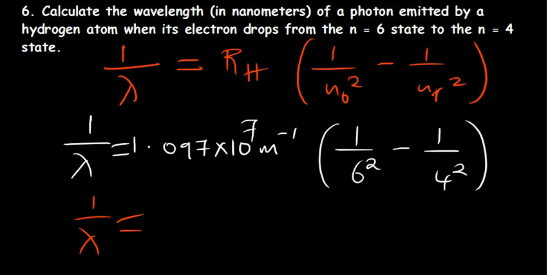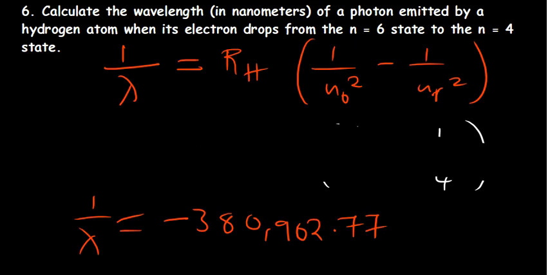So that's negative 380,902.7. So you can multiply both sides by the wavelength, so it's going to disappear on the left hand side, and then divide that value into a 1.